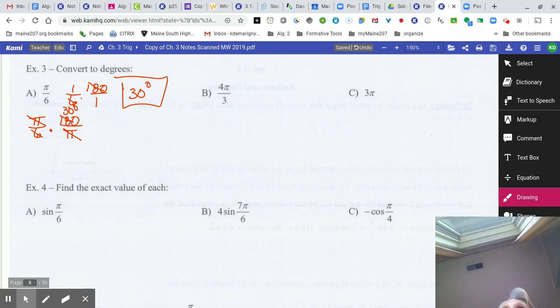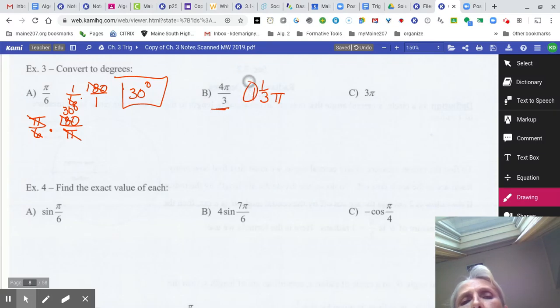And in our next unit, we're really going to try and hammer being able to talk about our unit circle either in degrees or in radians, and go back and forth between the two of those. So letter B, if I get to 4 pi thirds, it means I have 1 and 1/3 pi. And I think you'll see that this goes pretty quickly once you realize what's happening.